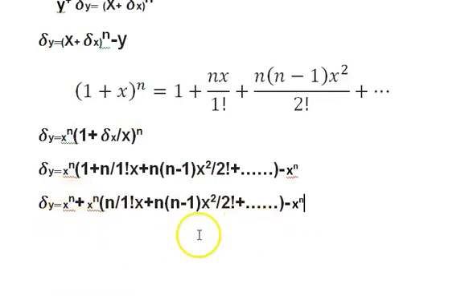This x to the power n and minus x to the power n cancel each other because of opposite signs. Then divide by del x on both sides.